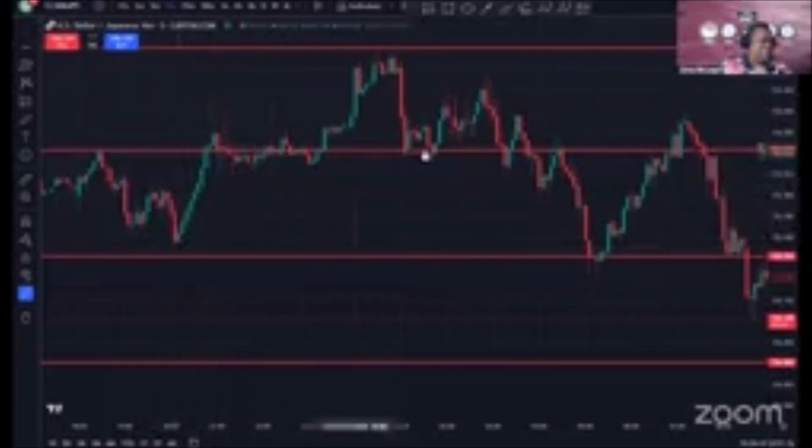Look, it's like an elevator. It's like Donkey Kong, old school Donkey Kong. Price almost came to this level. Let's start from here, all right?